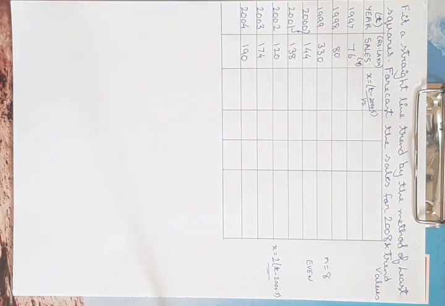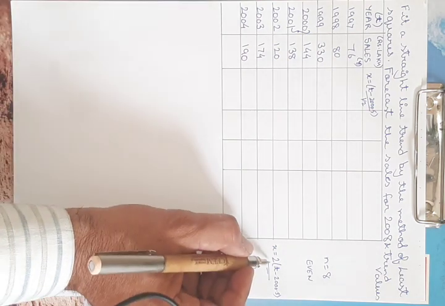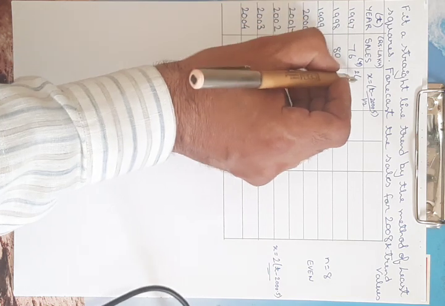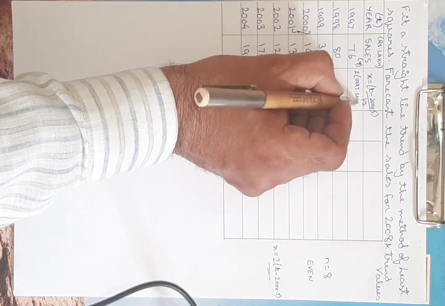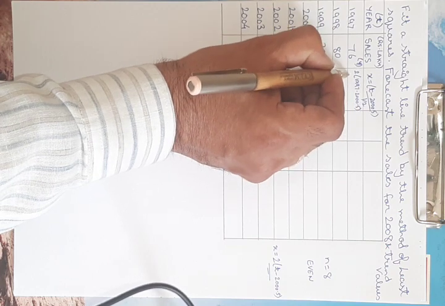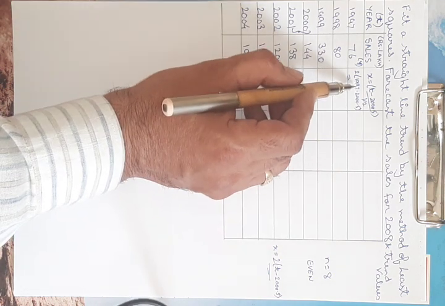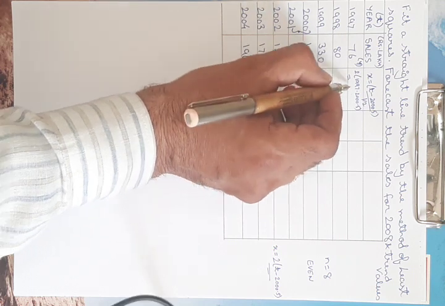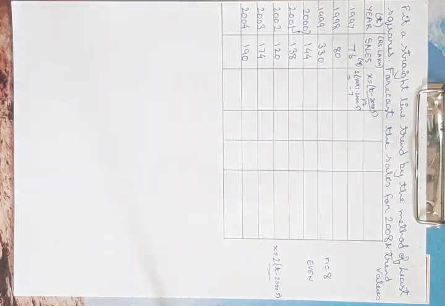Now we are going to calculate the values of x. Let us take the first example. Here, x is equal to 2 multiplied by t minus 2000.5. For t equal to 1997, 1997 minus 2000.5 is minus 3.5, multiplied by 2, which becomes minus 7.